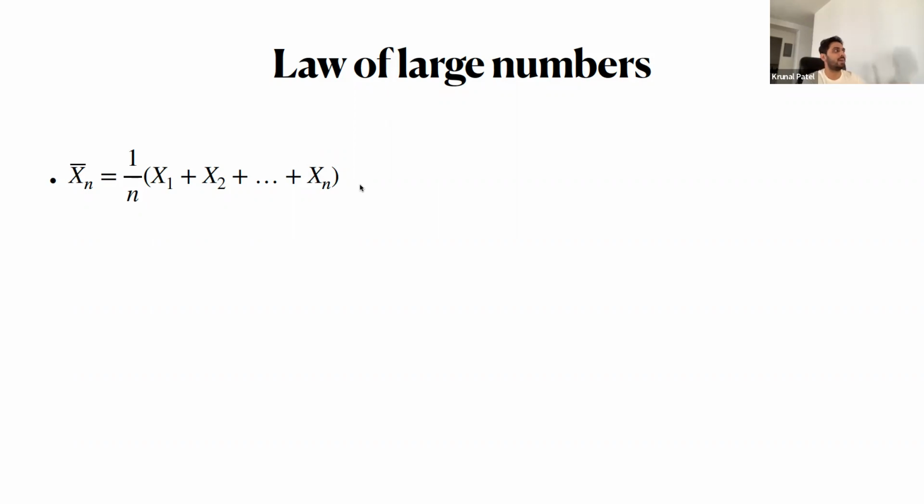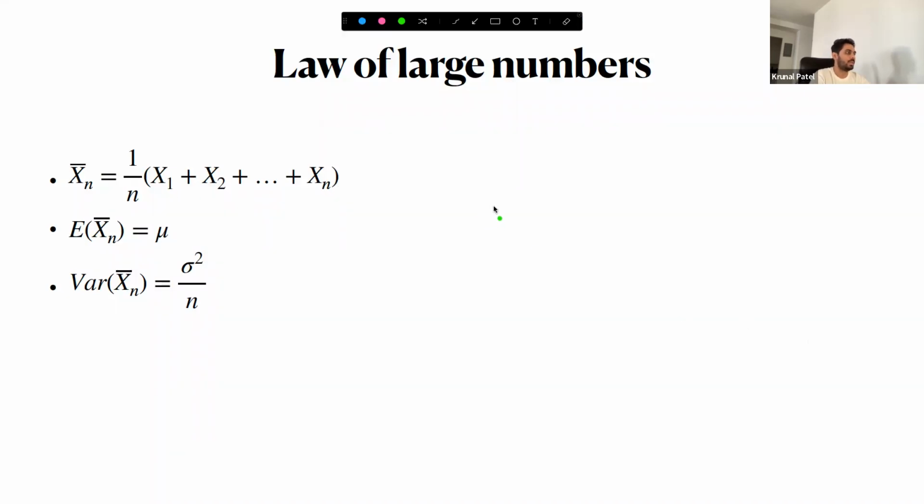Now, the expected value of this x n bar is exactly the same as the mean, but it is not always going to take the value of the mean, right? And the variance of this is going to depend on the variance of my original random variable. The original one was x, with mu as the mean and sigma as the standard deviation.